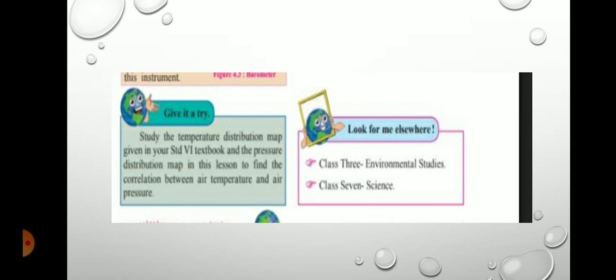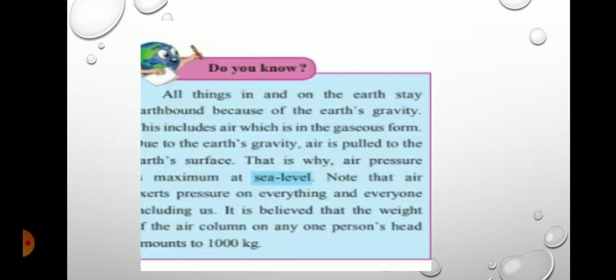Do you know all things in and on the earth stay earthbound because of Earth's gravity? This includes air, which is in the gaseous form. Due to the Earth's gravity, air is pulled to the Earth's surface.